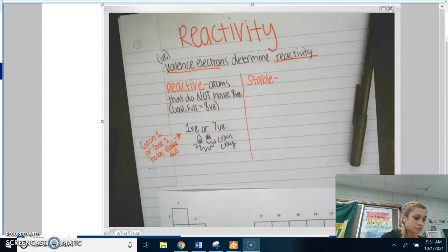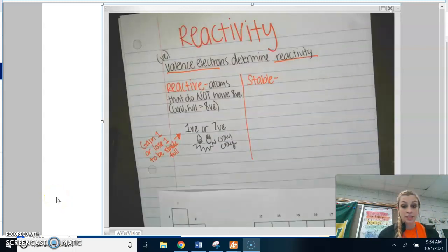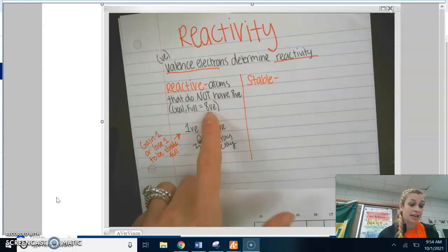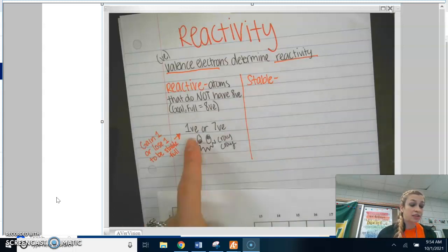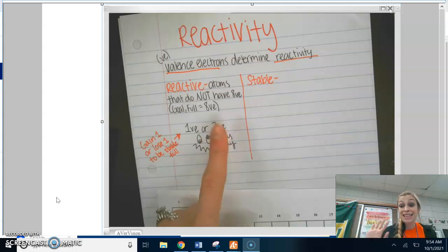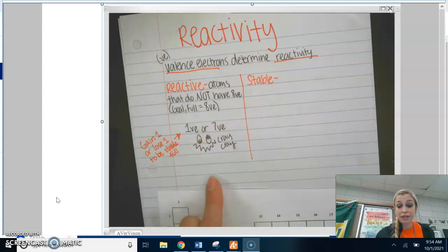Either way. So elements that are reactive are going to react because their goal is to get to 8 valence electrons. The most reactive have 1 VE or 7 VE. But anything that's not 8 is reactive, so 2 VE, 3 VE, 4 VE, they all react.